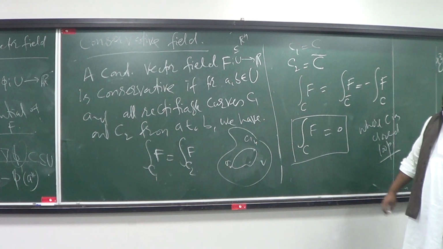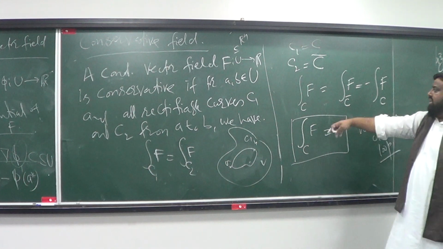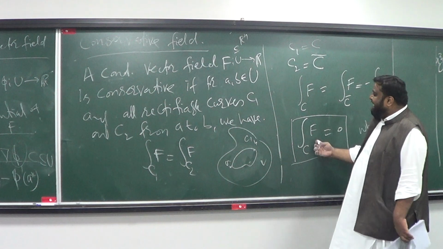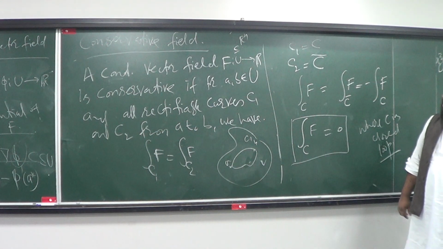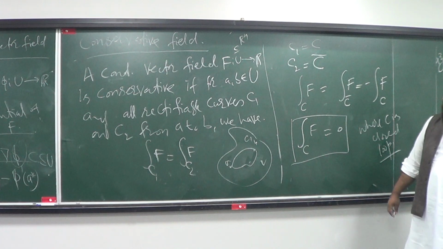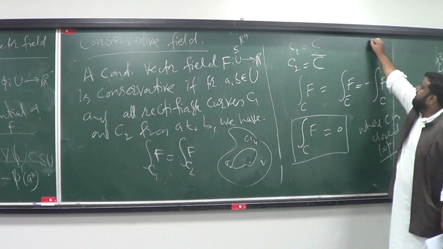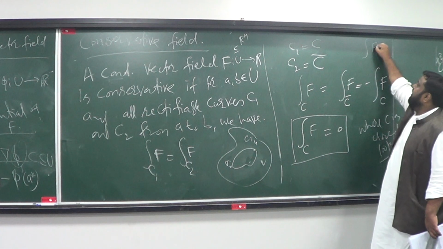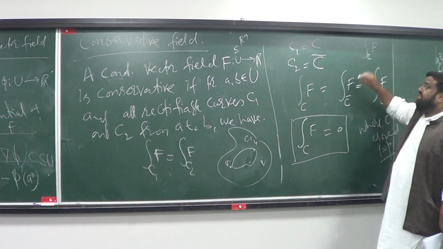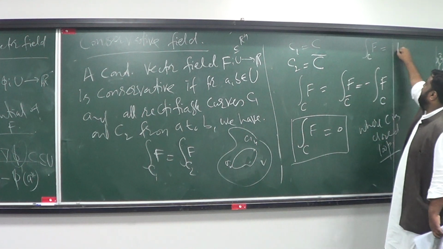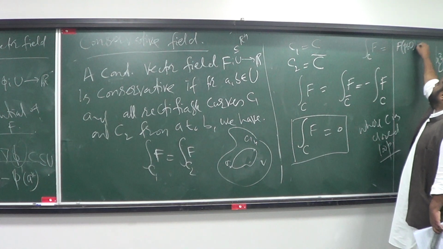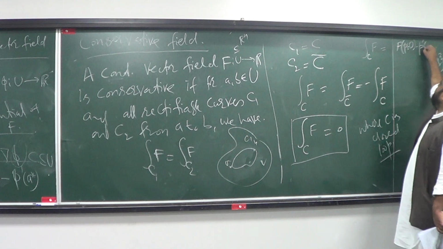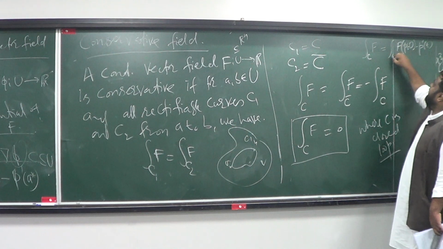What is the physical interpretation of this integral? Think about the definition of the integral along the curve. You consider F at the point p of t, multiply it with p prime of t, and integrate it over a to b.